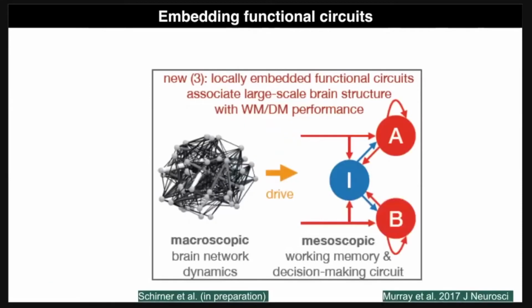So now that we can construct these virtual brains for individuals with different intelligence scores, we can embed functional circuits that perform certain cognitive tasks in our brain network models and see how the different structural connectivity and the difference in the functional connectivity that is generated by those models affects the performance of those cognitive circuits.